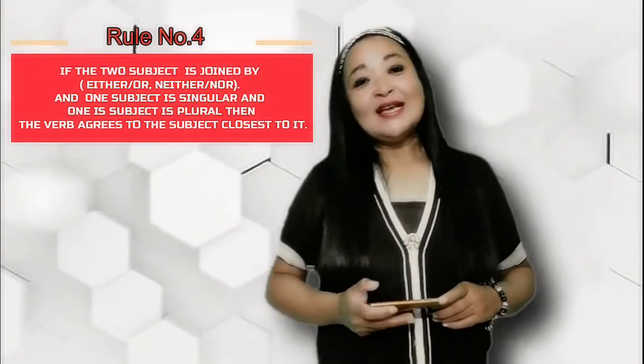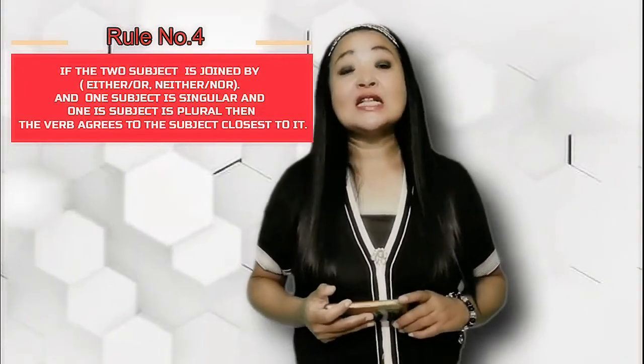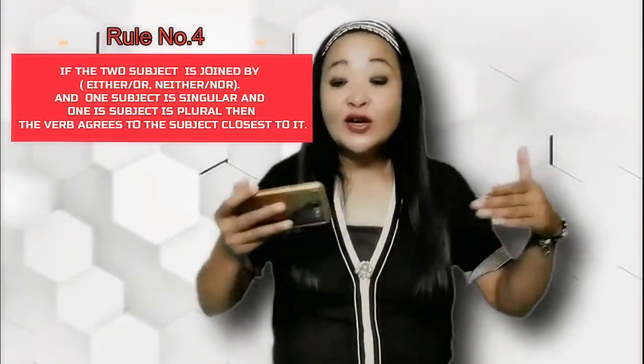Now, what does this mean? See, in the previous rule, that is in rule number 3, two singular subjects were joined together using either-or or neither-nor, and in such a case, you've got to use a singular verb, right?